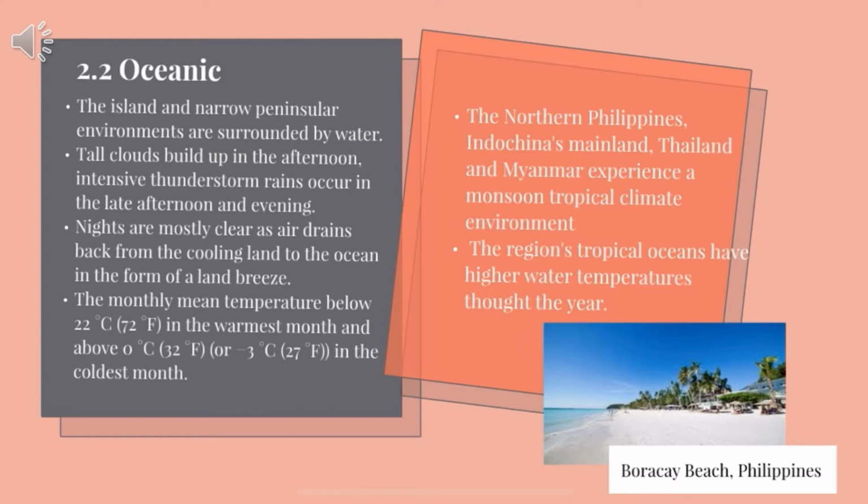The northern Philippines, Indochina mainlands, Thailand and Myanmar experience a monsoon tropical climate environment. The region's tropical oceans have higher water temperature through the year. This is a picture of Boracay Beach in Philippines.